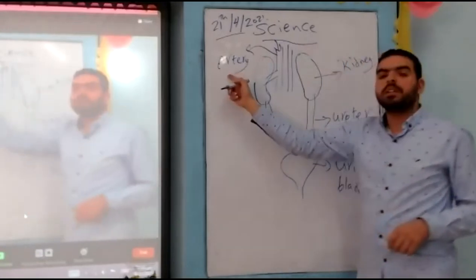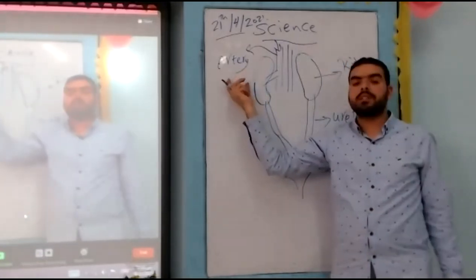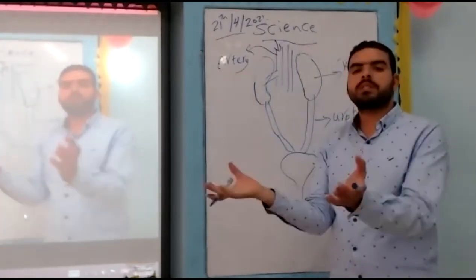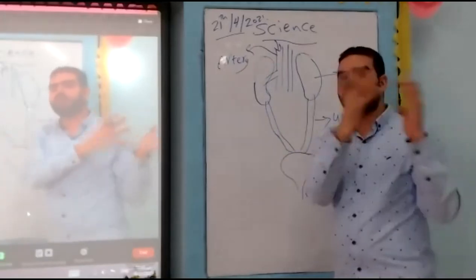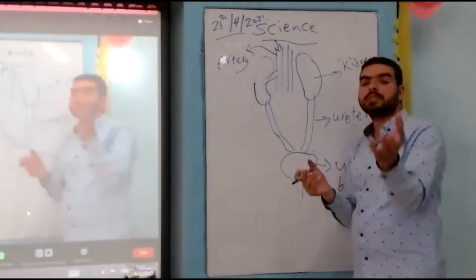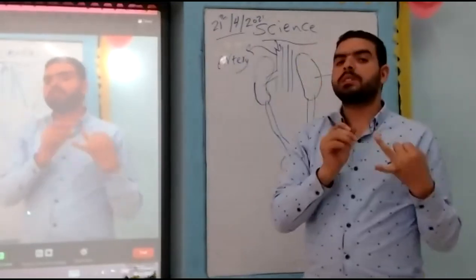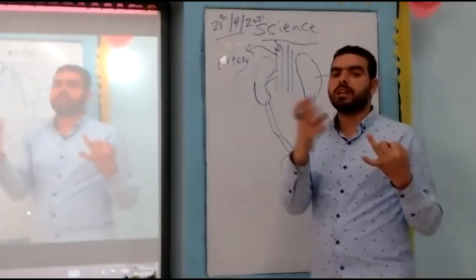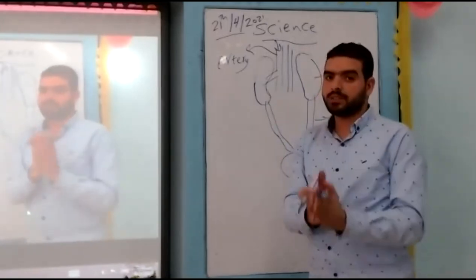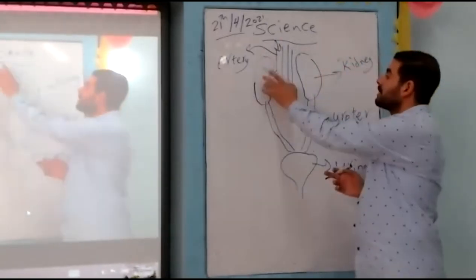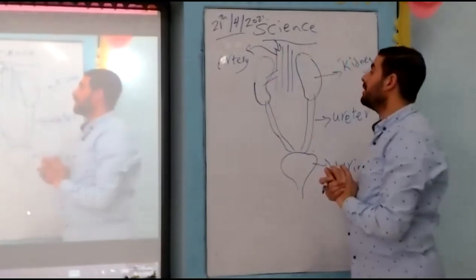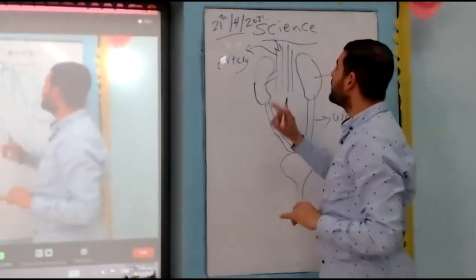This artery is carrying harmful wastes or excretory wastes coming from body cells, and these wastes are nitrogenous wastes, like urea and uric acid, excess water, and excess salts, and they enter the two kidneys to be filtered, in form of urine.